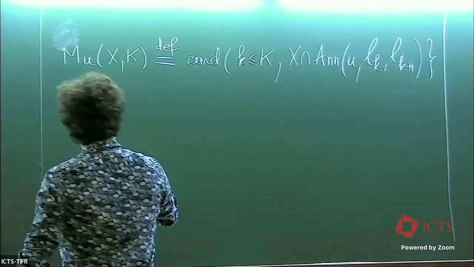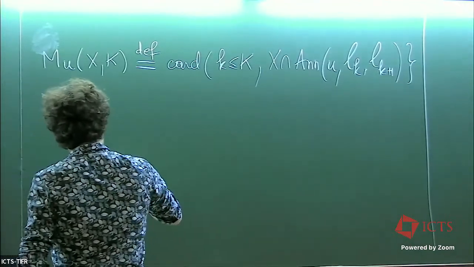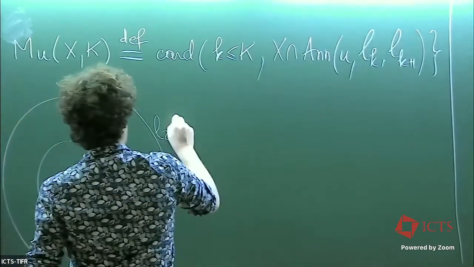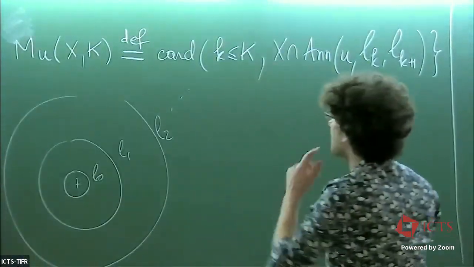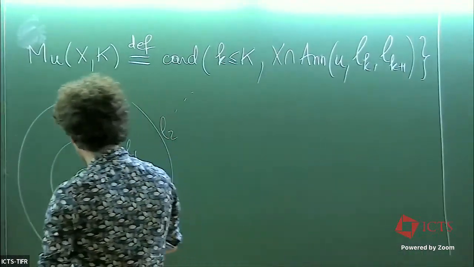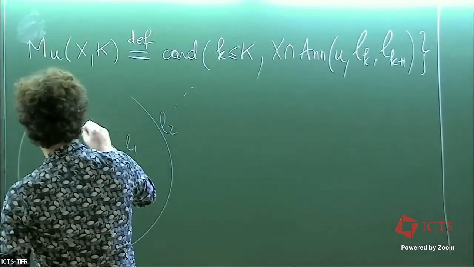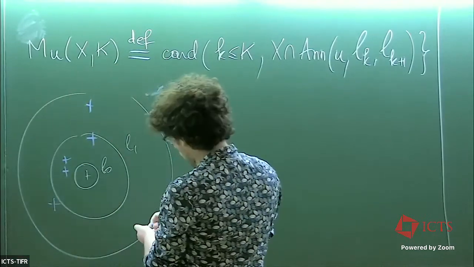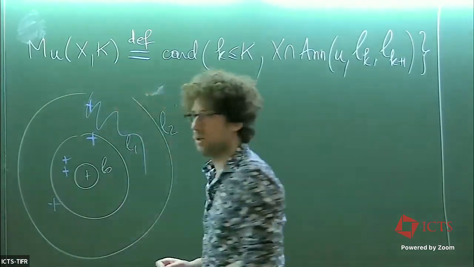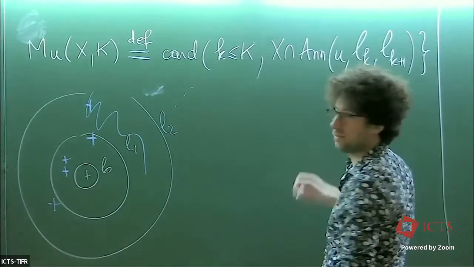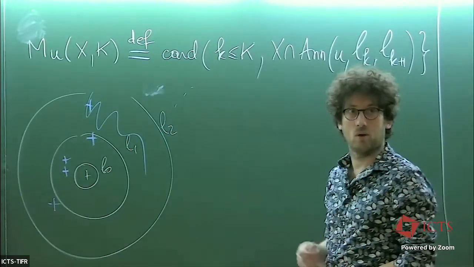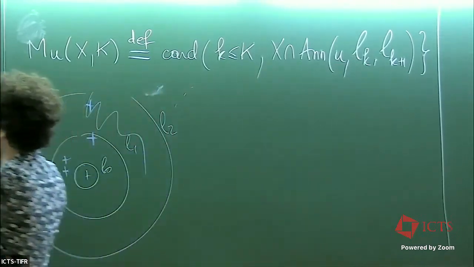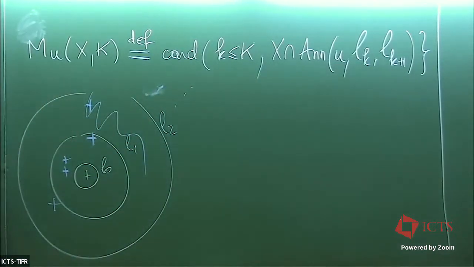So now I'm going to take a sequence of scales, L0, L1, L2, etc. And mu(X, k) is, for a certain set X, just the number of indexes for which X intersects the annulus. So it's just counting the number of annuli that are intersected by X.